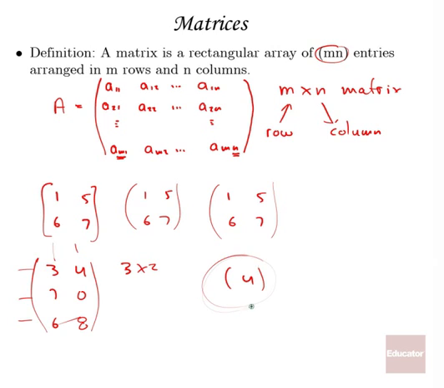Which is actually an interesting notion, because those of you that go on to study some higher mathematics, perhaps even complex analysis, as it turns out, numbers and matrices share many, many properties. We're actually going to be talking about a fair number of those properties. So the idea of thinking of a number as a 1 by 1 matrix, or the idea of thinking of a square matrix as some kind of a generalized number, it's actually a good way to think about it.